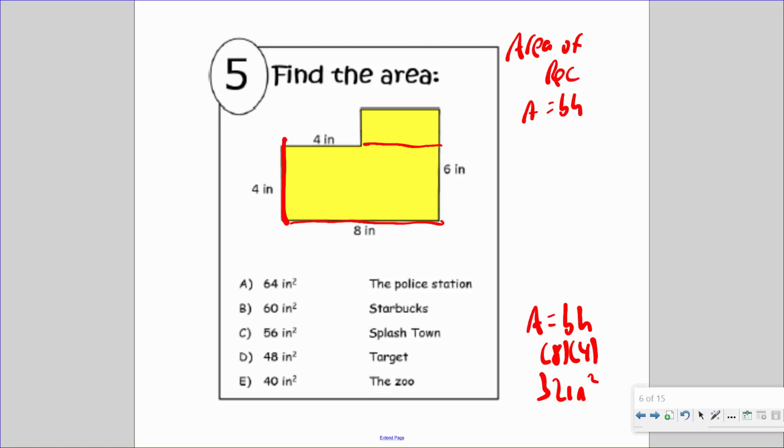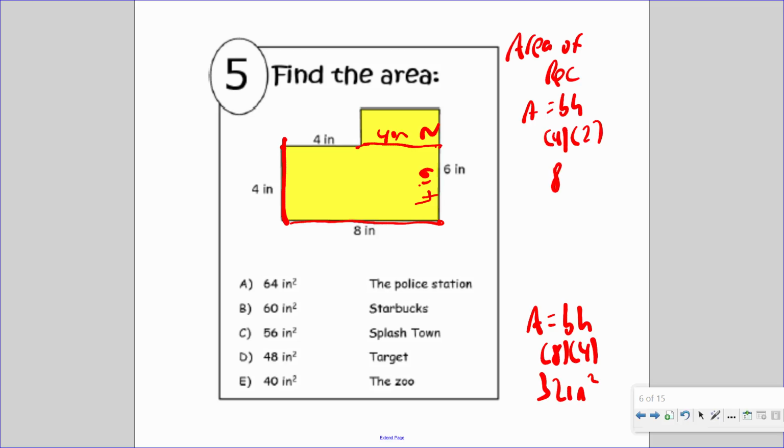What is the area of this smaller one? This is a little harder right here. Let's think. From here to here, it is 4 inches. But they said this whole thing is 6 inches, so this must be 2 inches. So the height must be 2 inches. From here to here is 4 inches. So how long is it from here to here? If this is 8 inches, so this must be 4 inches.